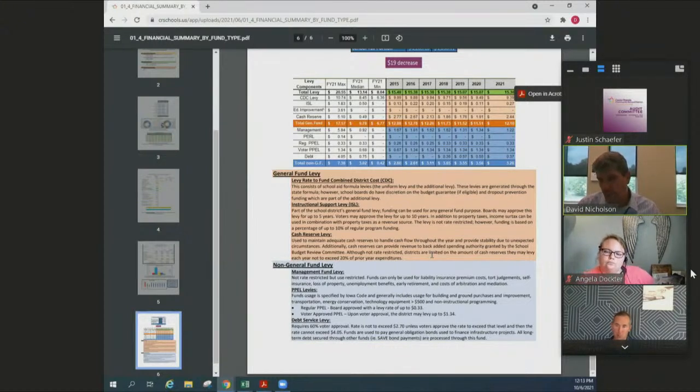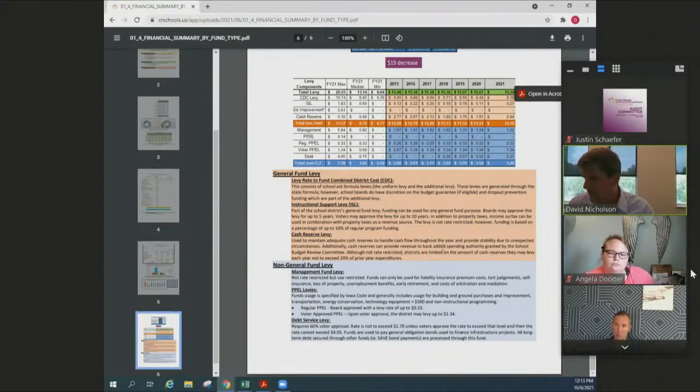Special ed is one area where we get a lot of that. We also have our ELL, English language learners. If we run a deficit there, we can do a levy through a cash reserve levy.